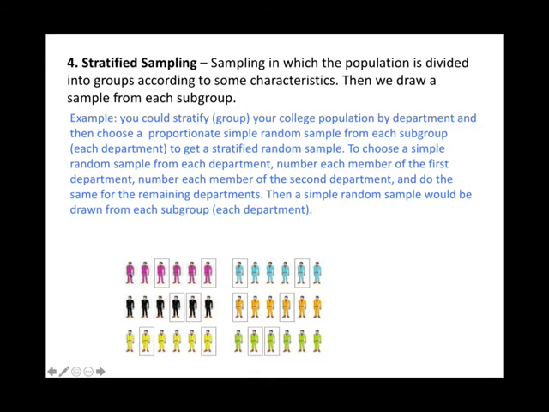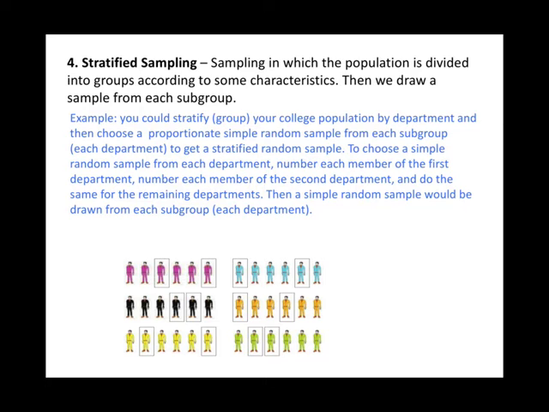And for this example, each subgroup has the same number of people, 6 people in each. So that's why I'm going to take 2 people from each subgroup. It also depends on your sample size. So here, my sample size is going to be 12 people. And we call this stratified sampling.